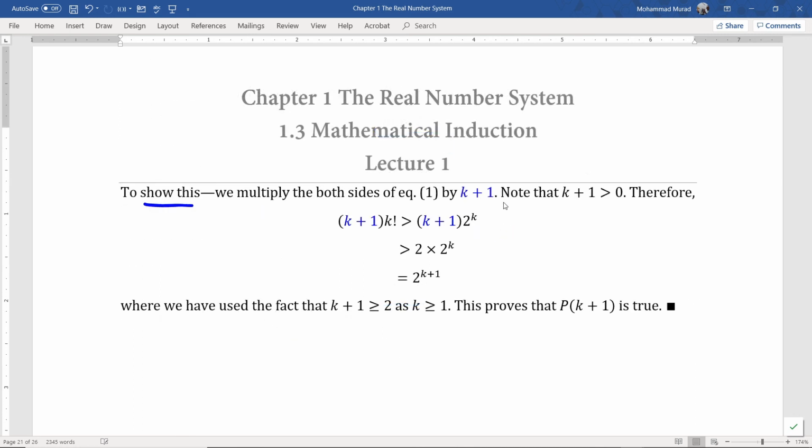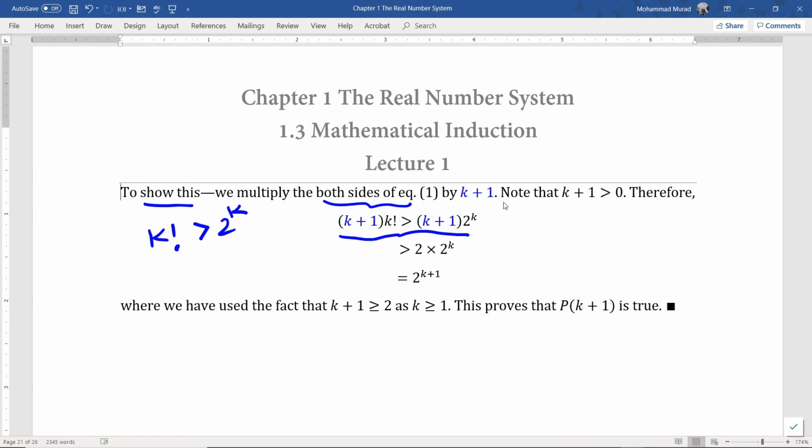To show this, we multiply both sides of equation 1, namely k factorial larger than 2 to the k, by the quantity k plus 1, which is done here.